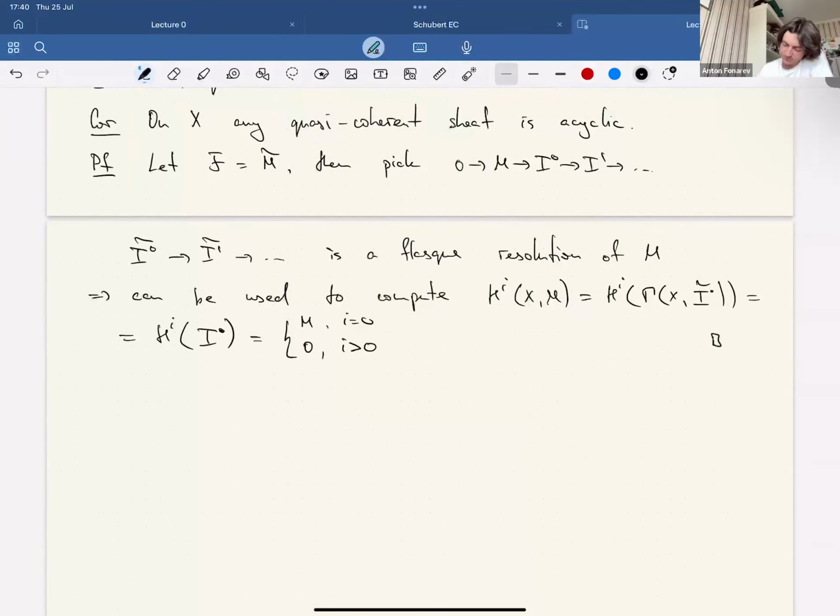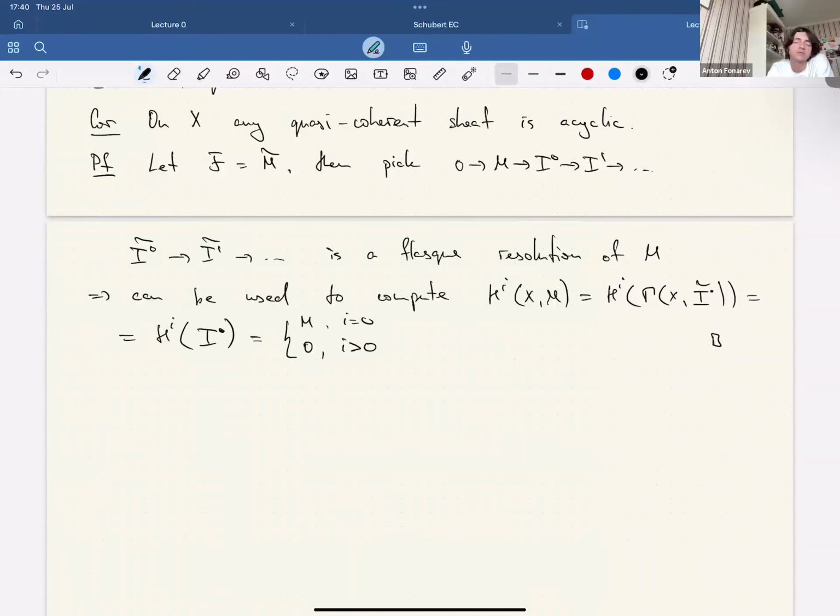All right. So in a way, on affine schemes, cohomology of quasi-coherent sheaves is absolutely not interesting. And I remind you that in algebraic geometry, we mostly are interested in quasi-coherent sheaves because we're interested in locally free sheaves, which are vector bundles.